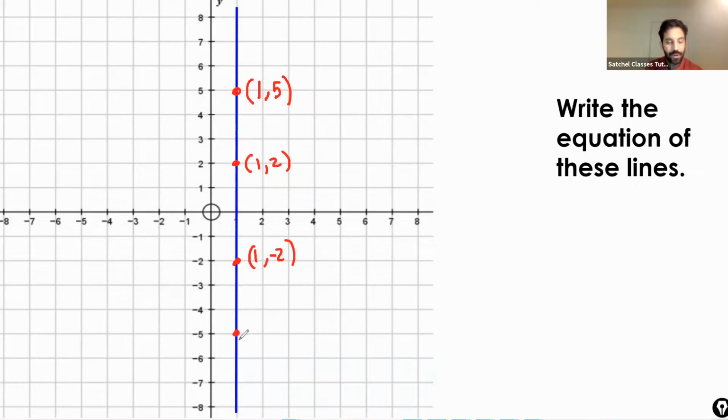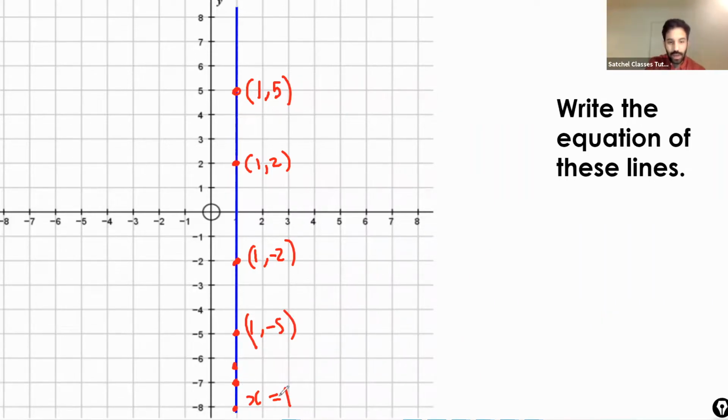At every point on this line, your x coordinate is always going to be 1. Therefore, the equation of this line is x is equal to 1, because x is always 1 at any point on this line.